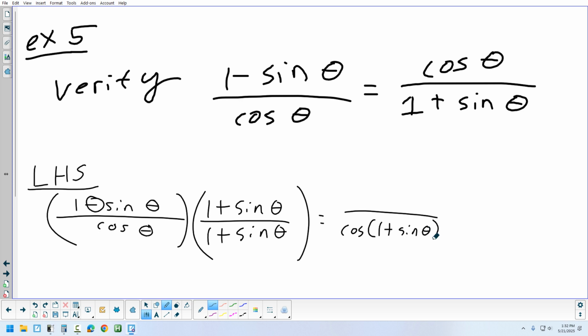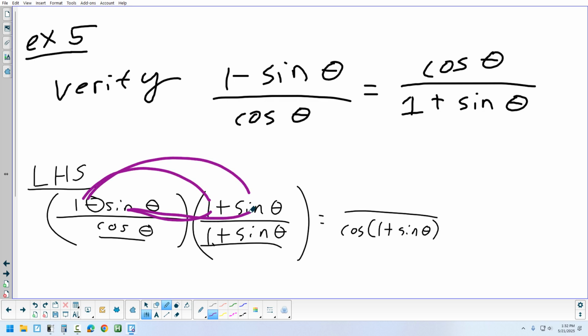The reason I'm not worried about distributing cosine to both of those is because something's going to cancel out. So anytime you multiply by the conjugate, never do this part out. Just leave it the way it is. Always do this part out. And we did one like this earlier today, where we had to FOIL, and something nice is going to happen.